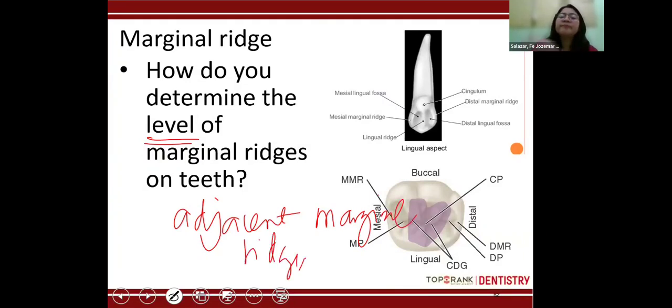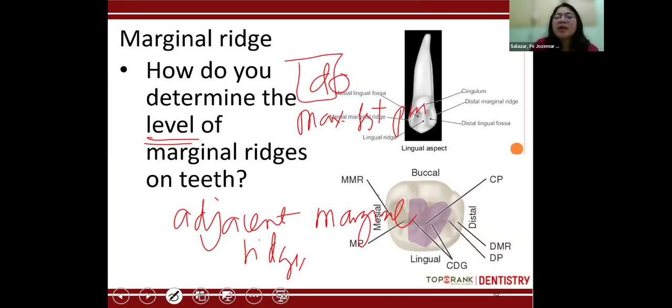For example, you have prepared a class 2 disto-occlusal cavity preparation, okay, on a maxillary first premolar. How are you going to restore the distal marginal ridge level? What are you going to use?